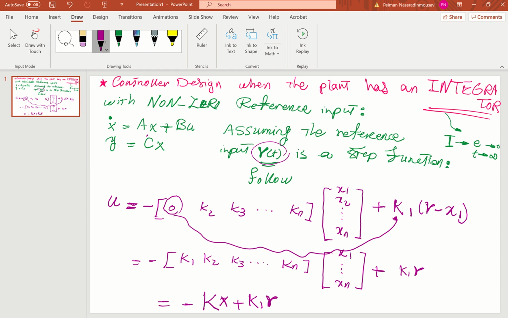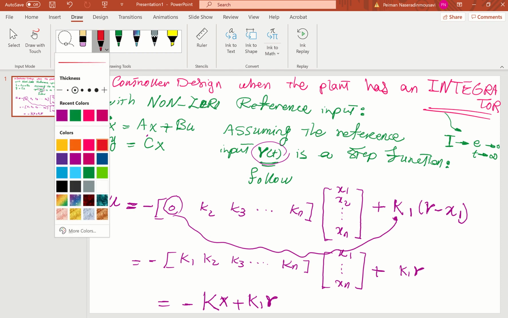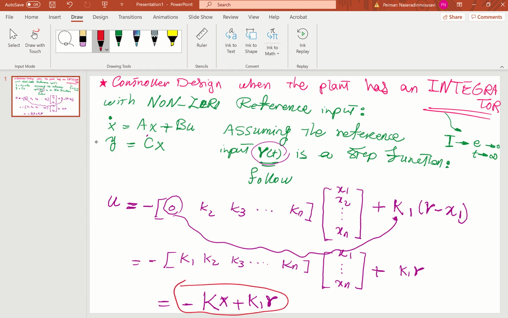This is your feedback control law. Bear with me. This K1 is the first element of your gain matrix that you already know how to compute by the Ackermann formula. I will teach you by an example.